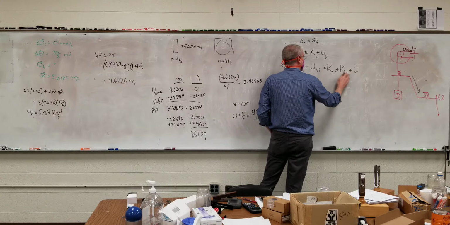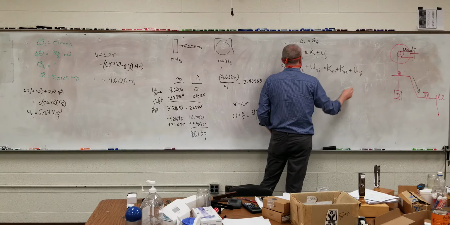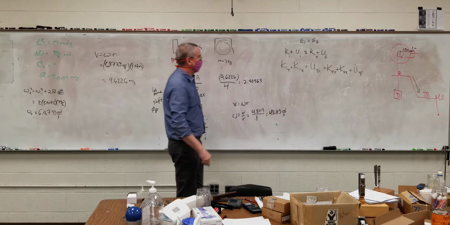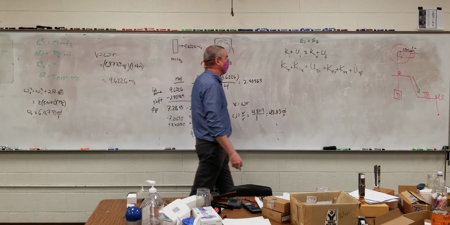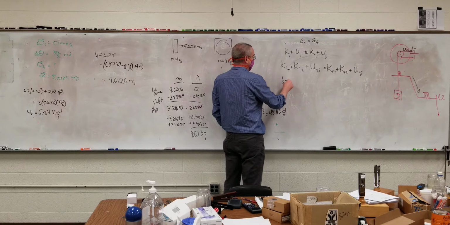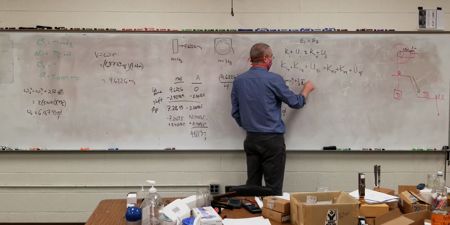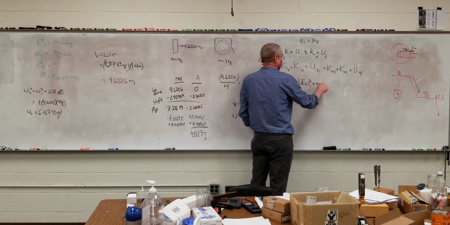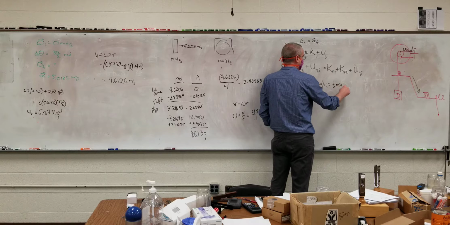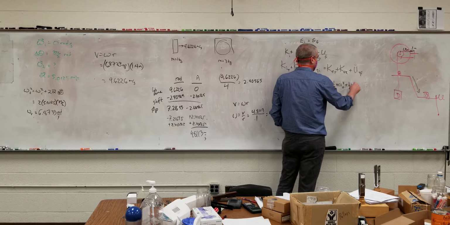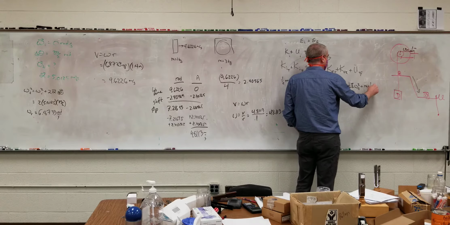Oops, that should be a final R, and I'm apparently switching notation about where to put the F or the I. So we have 1/2 m v initial squared plus 1/2 I omega initial squared plus m g h initial equals 1/2 m v final squared plus 1/2 I omega final squared plus m g h final.